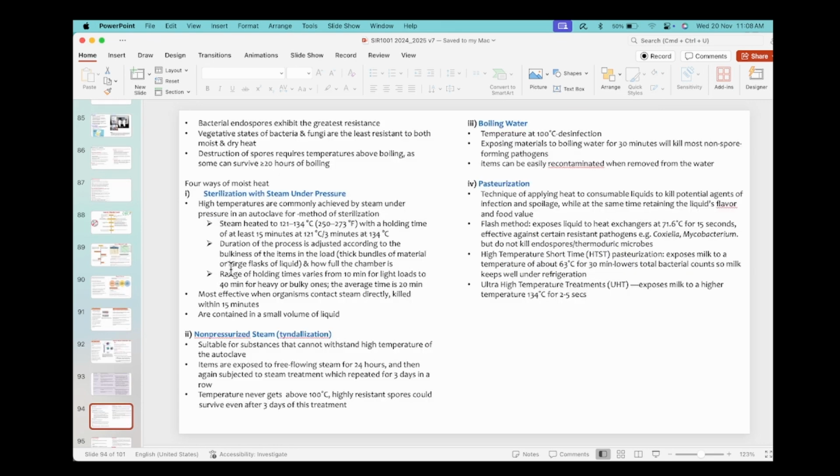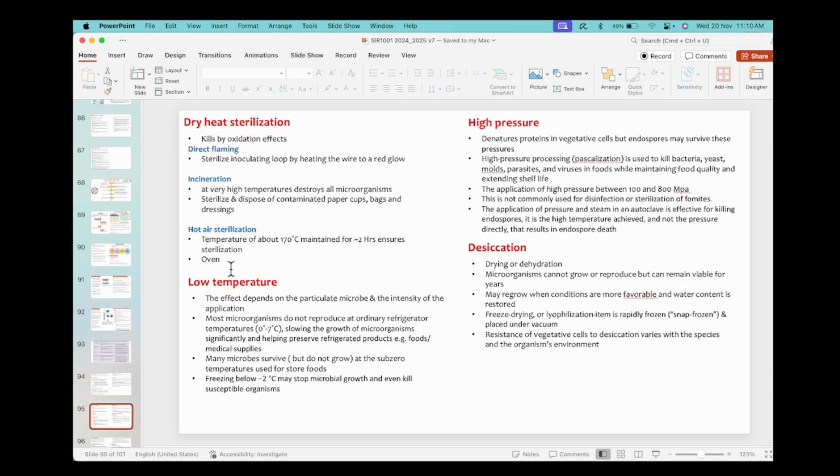Okay, so you have examples of moist heat and dry heat here. So you can see, most of the things are already here. The moist heat will be autoclaving, which means steam under pressure. For dry heat, you've already done the direct flaming, incineration. Okay, low temperature, we've already done. We say freezing does not necessarily kill, but may kill or may reduce the microbial population.